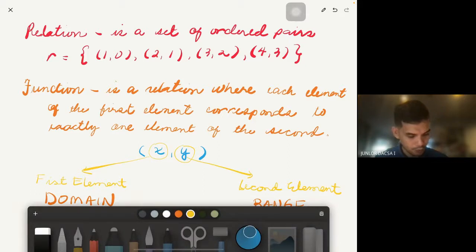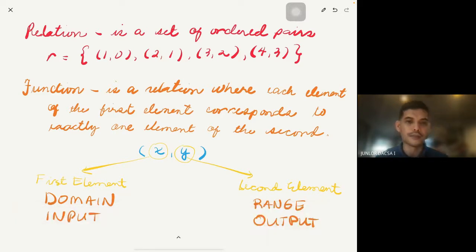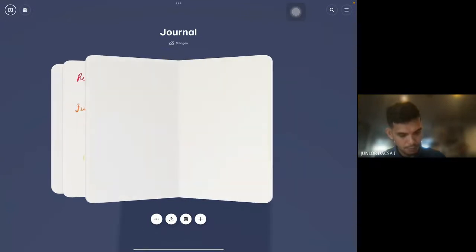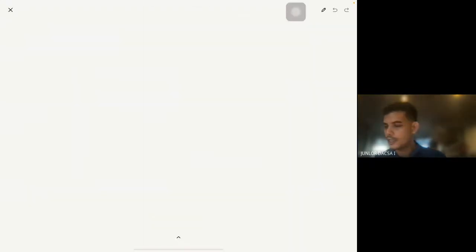So correction for the spelling here. So first. Okay, so let us try to have an example. So let us say an example.